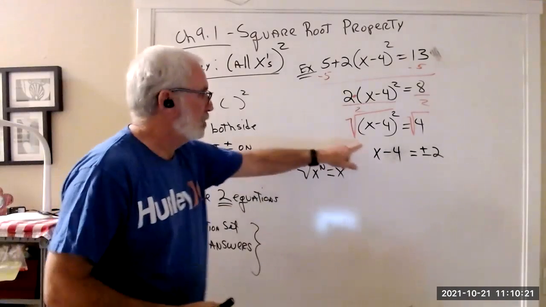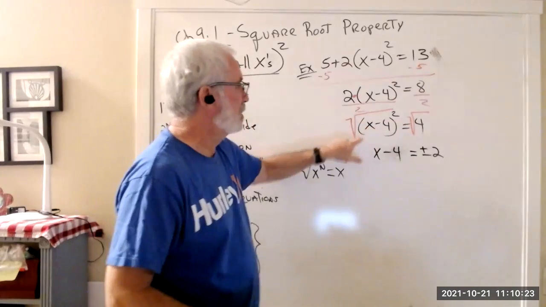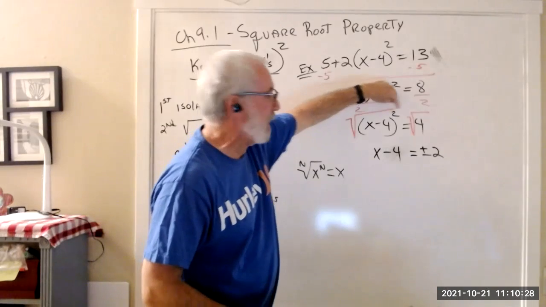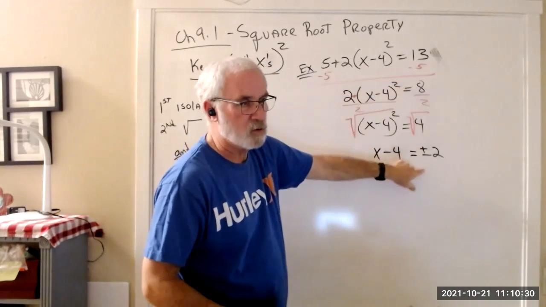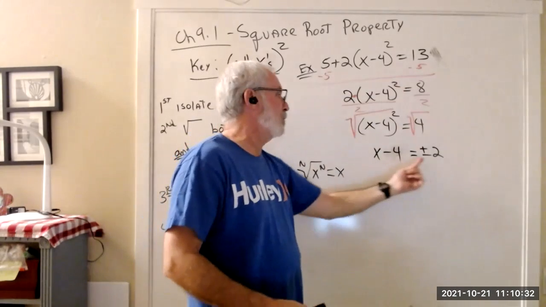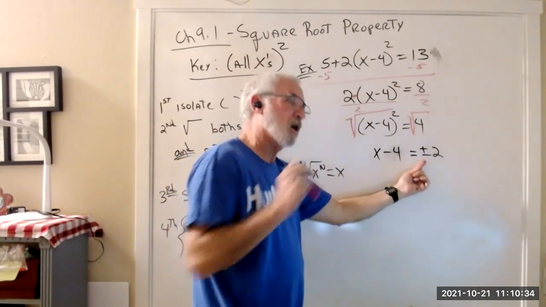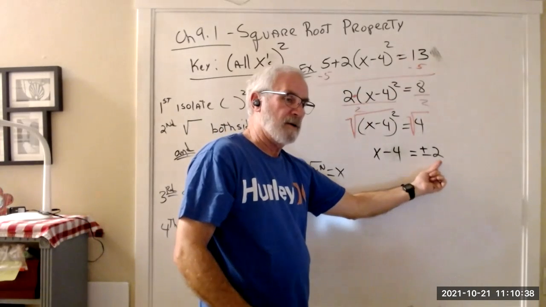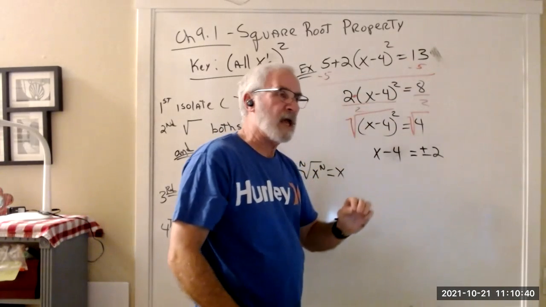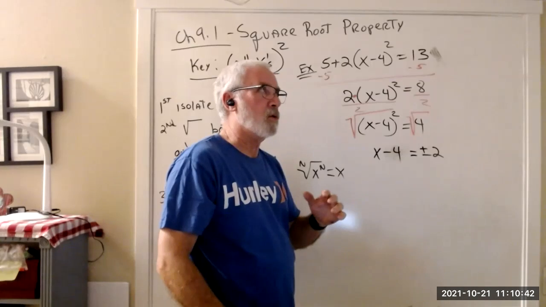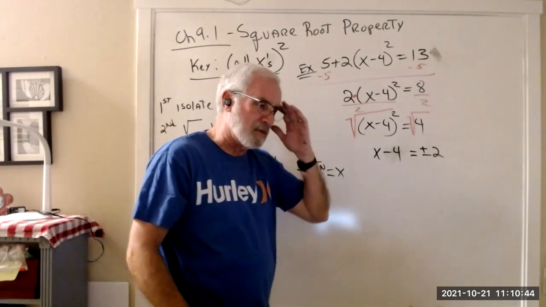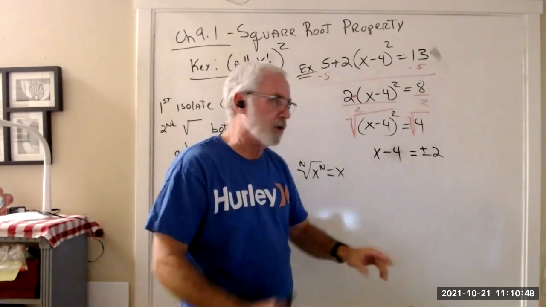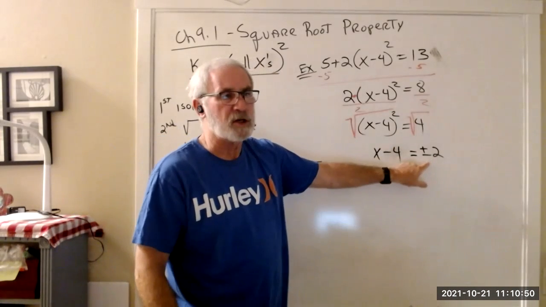So square root both sides, the square root and the square power cancel, and the square root of 4 happens to be 2, but you must put the plus or minus on the side opposite the x. Okay? You can't remember at the end of the problem, oh, I remember there's supposed to be a plus or minus, and just shove it in there somewhere. No, no, no. It's got to be at this step.